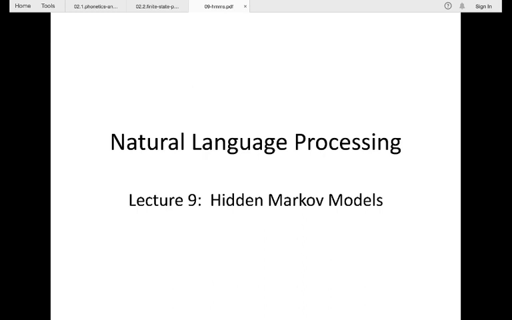What is a Markov chain? It's easier than defining a hidden Markov model. You can think of it as a graph with states for the nodes, with edges that have probabilities associated with them.